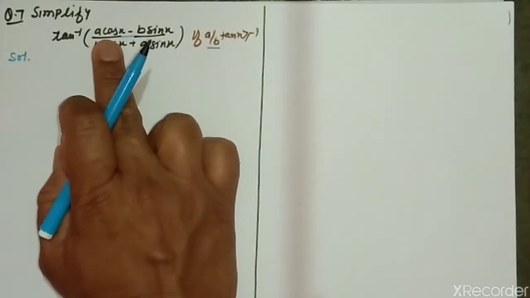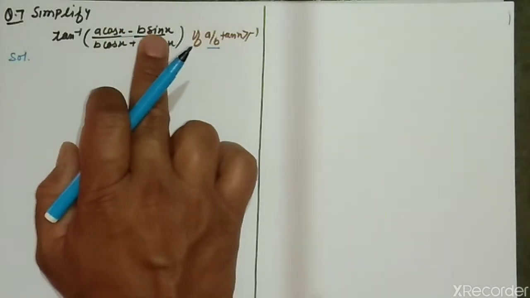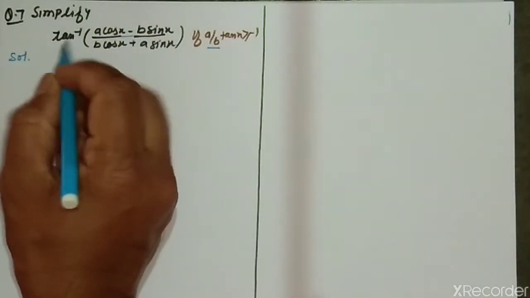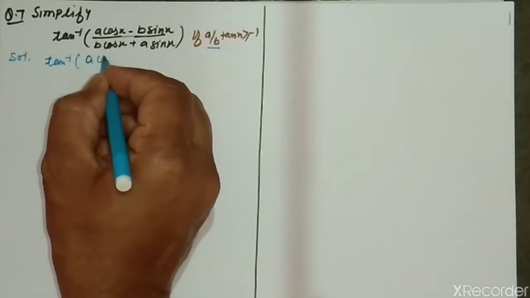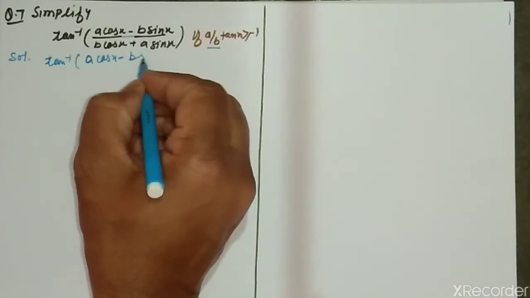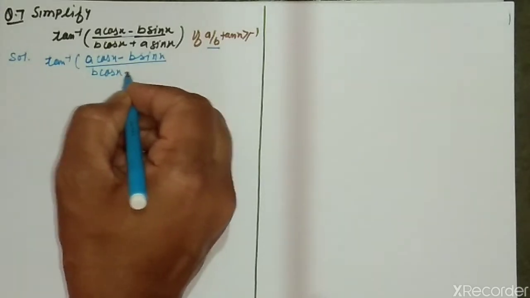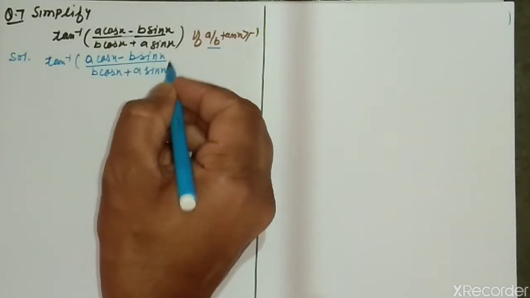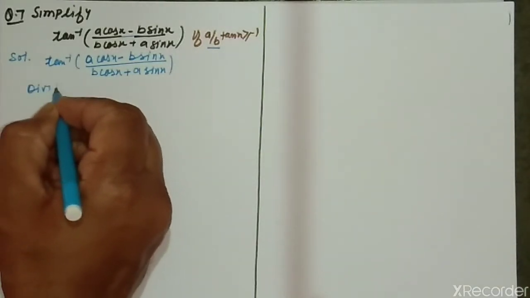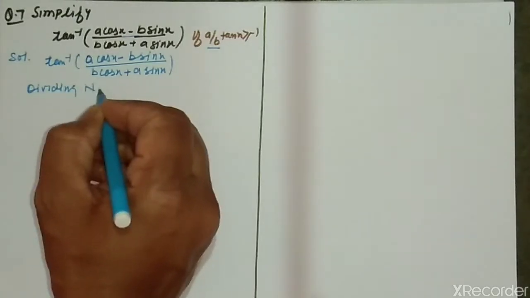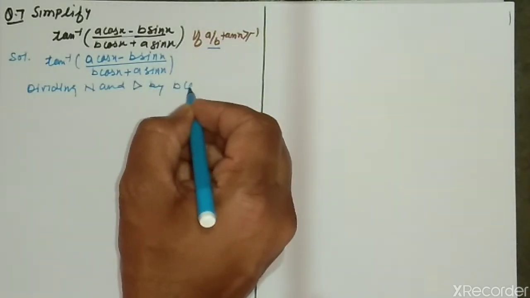Clear? So what we are doing, we are dividing this by b cos x because sin x upon cos x is tan. So we have tan inverse of (a cos x minus b sin x) upon (b cos x plus a sin x). Clear? Okay. So dividing numerator and denominator by b cos x.